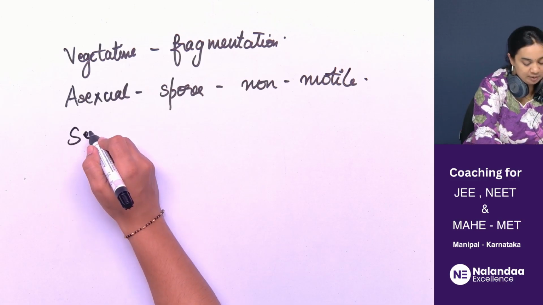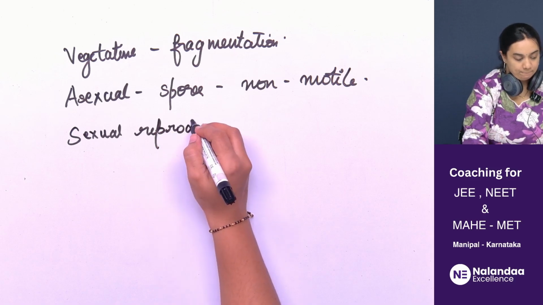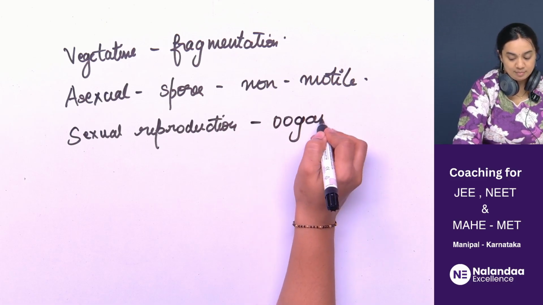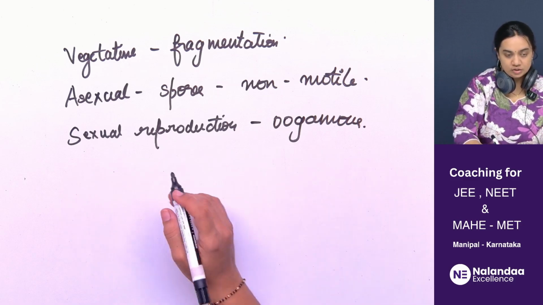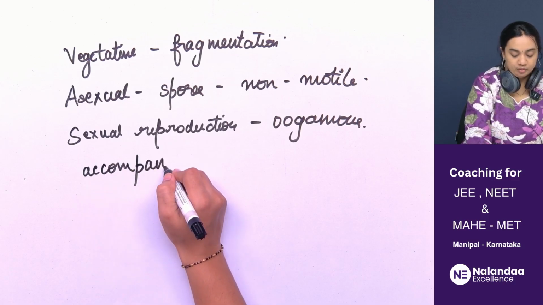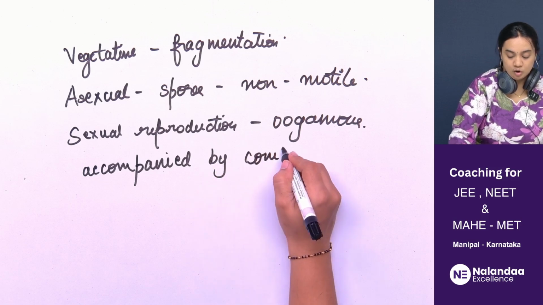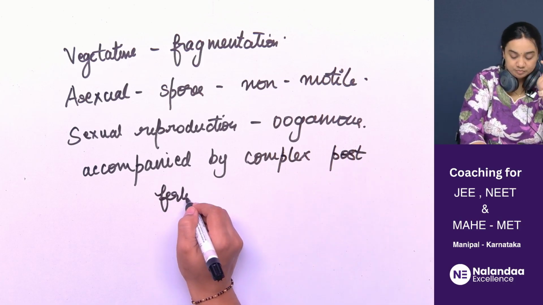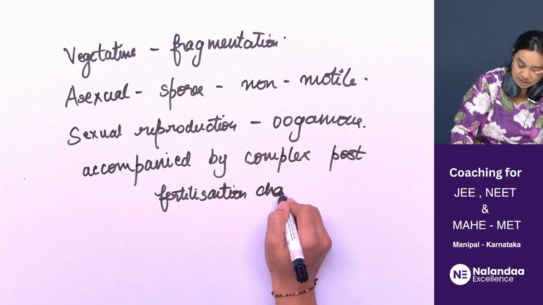And talking about sexual reproduction also, sexual reproduction is entirely oogamous, and again no motile structures, and it is accompanied by complex post fertilization changes.